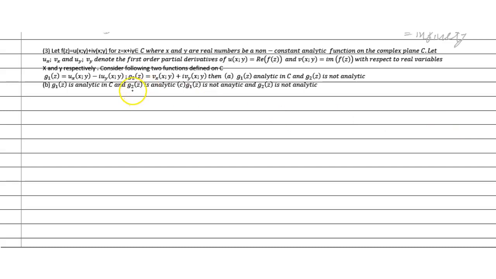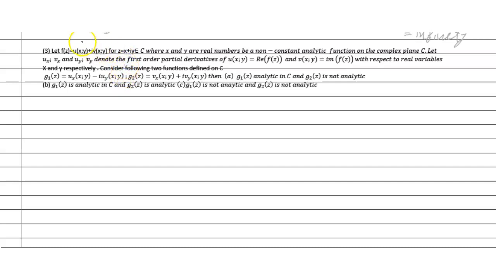Next we go to solve number 3 from the complex analysis questions. Let's start to read this question.